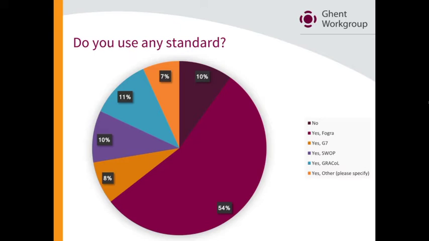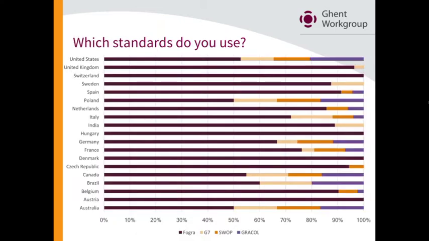A lot of people say FOGRA. This is probably because we have a little bit of a bias towards Europe, but, and this is important, when we look at those results in more detail, you see that FOGRA, for example, is also used in the US in a lot of cases.